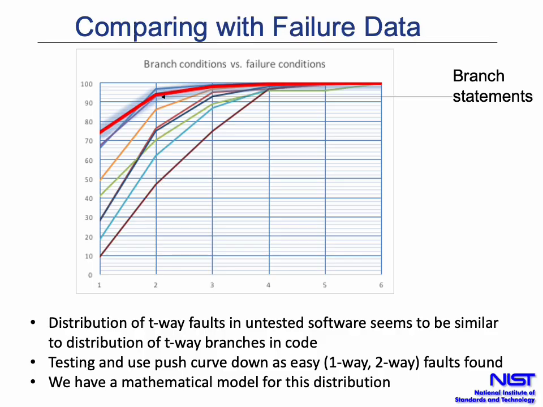So again, the heavily used applications, the server and browser and TCP/IP and so on, are the ones with the lower fault profiles, the better fault profiles, where the easy failures have been discovered. So this may be what's causing this. And we looked into this some more, and there is a mathematical model that we've developed for this distribution, which we'll talk about in just a little while after we discuss the application of these results.